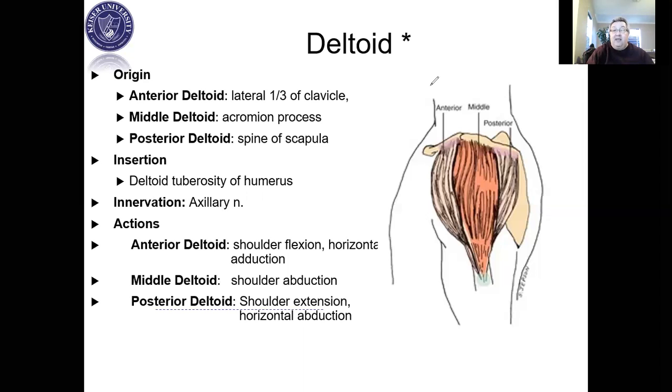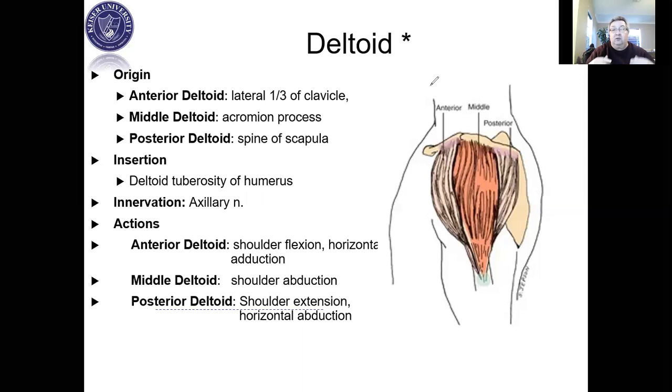So again, the major actions of the deltoid: anterior delt does shoulder flexion, horizontal adduction. The middle deltoid does shoulder abduction. The posterior deltoid does shoulder extension and horizontal abduction.